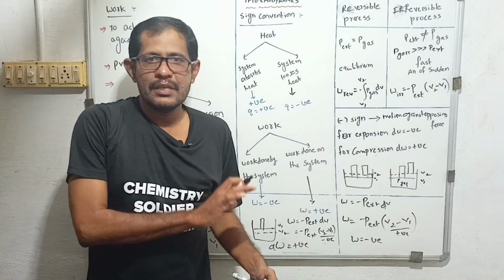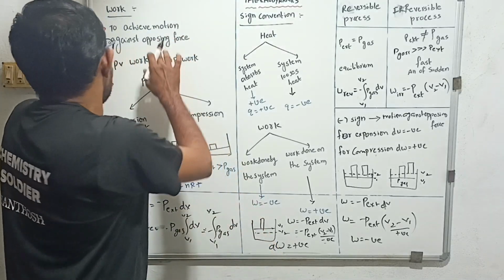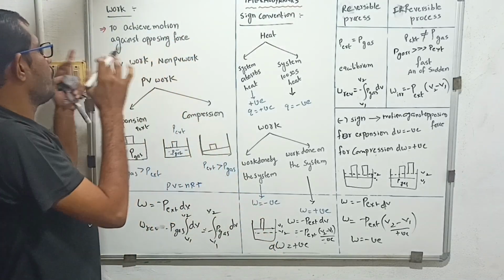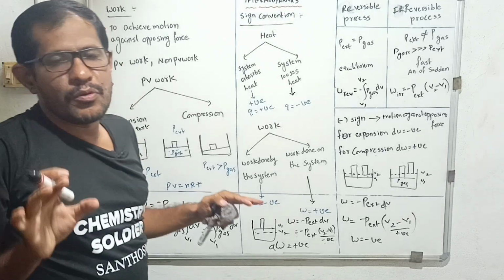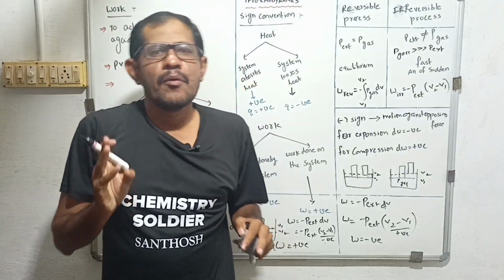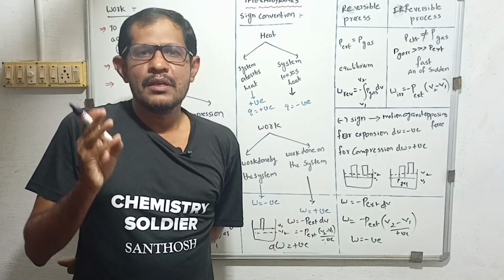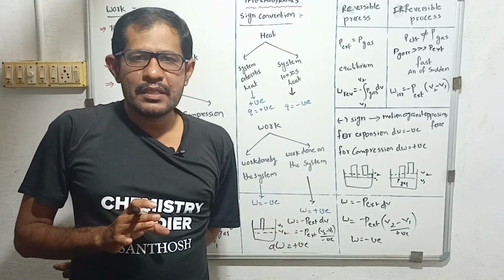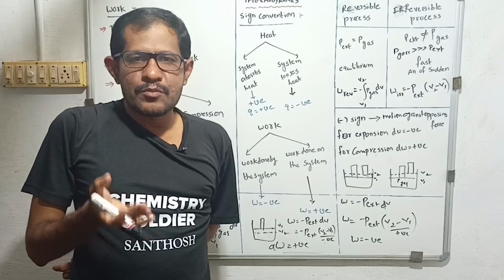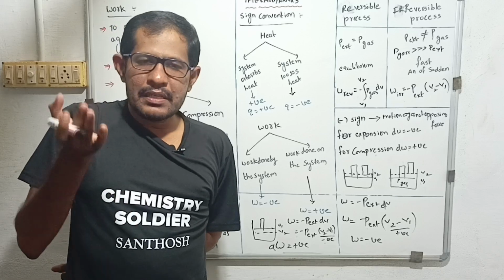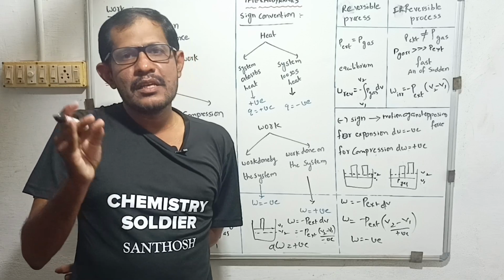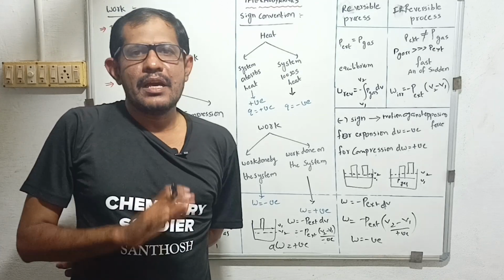I will brief this and I will stop. Work is motion against opposing force. We have two types of work, PV work and non-PV work. In thermodynamics we deal with PV work, which is of two types, compression and expansion. If P gas is more than P external, expansion happens. If P external is more than P gas, compression happens.